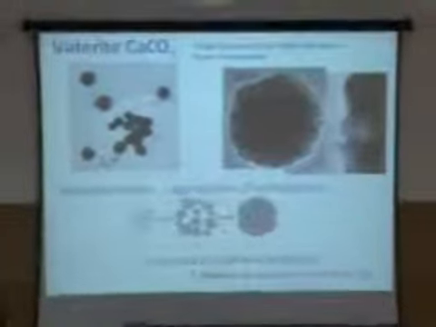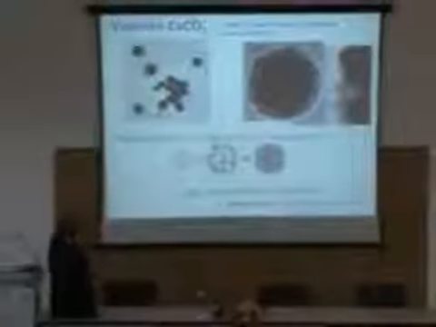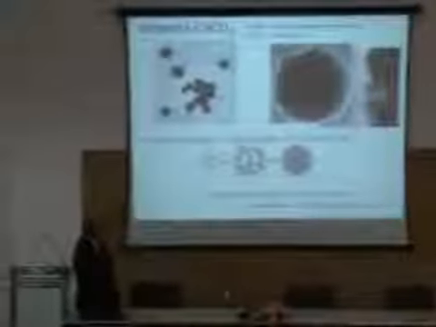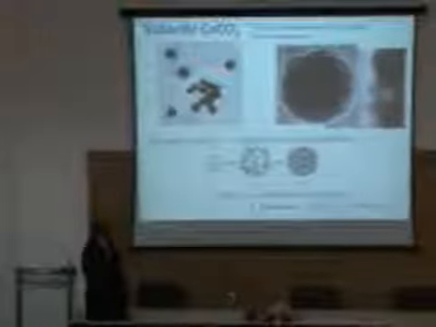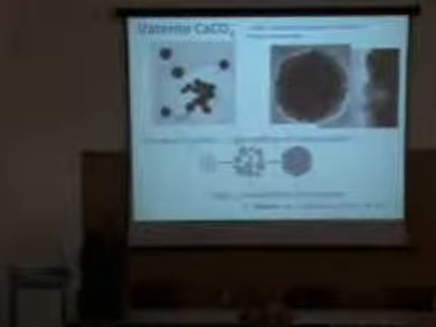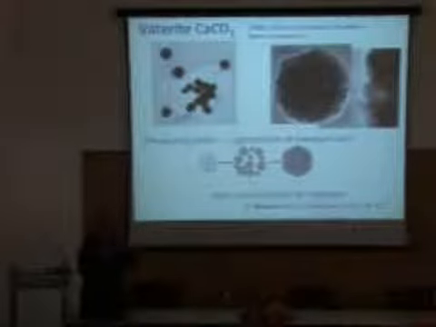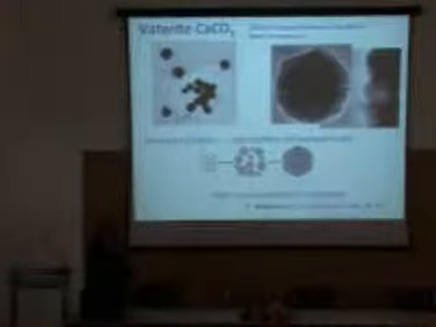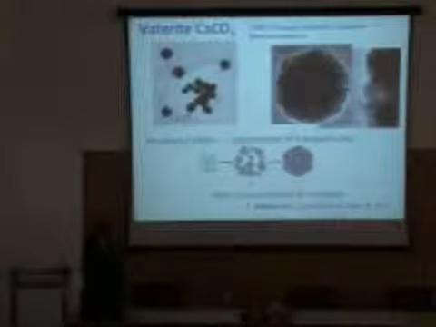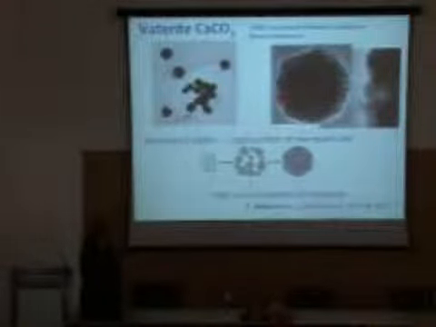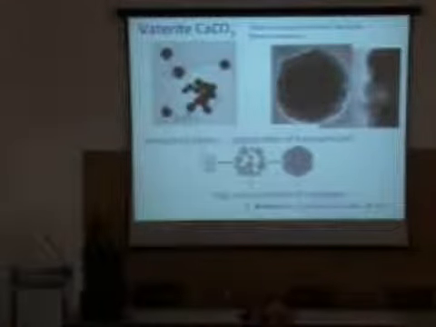At high resolution they actually are made up of spheres, which for some reason, the details of the forces which make them assemble in a hexagonal form are not yet understood, but it tries to assemble in a hexagonal form. Okay? And this is the normal form of the vaterite phase.